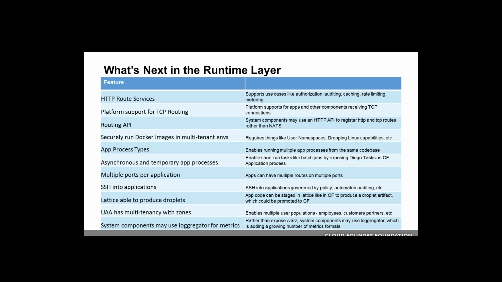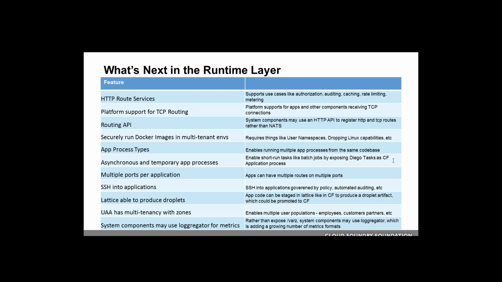So these are a lot of different features from several different teams in the runtime layer that we're working on. Route services. So the idea here is you could insert a service into the flow between the router and your app. You could, for example, have an authorization service or an auditing service or some other type of metering service in between your app and the router.